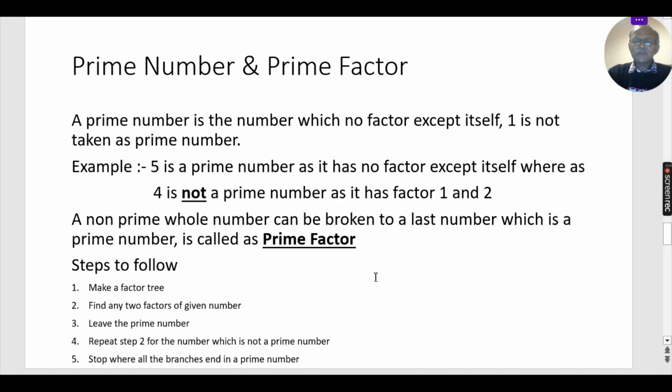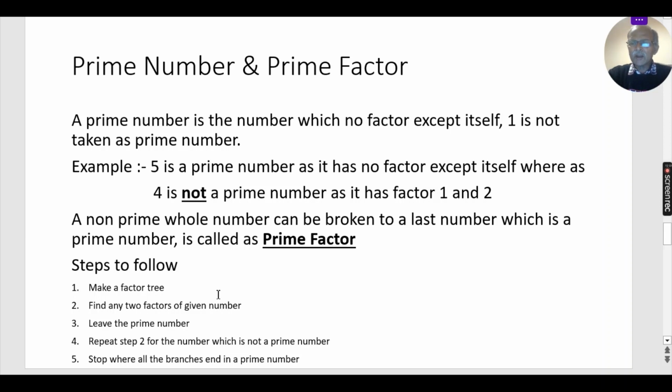So what are the steps which we follow to find a prime factor? First, make a factor tree. How do we do that? A given number is written as the product of any two numbers, whatever is possible. And then we check if each is a prime number or not.